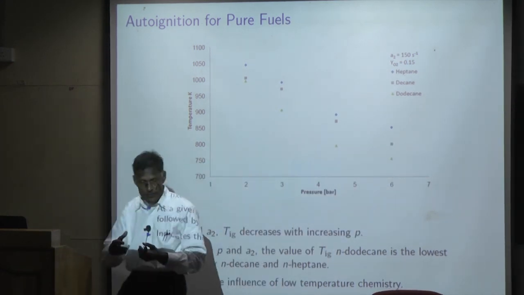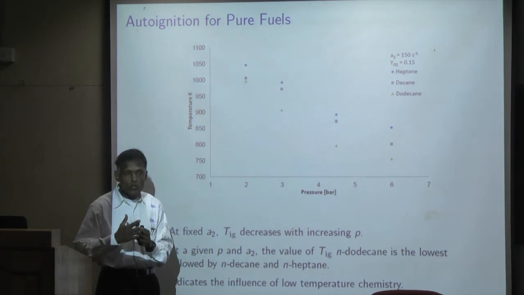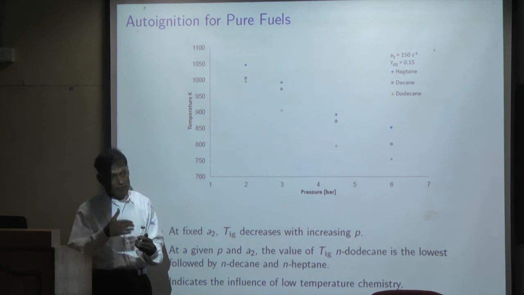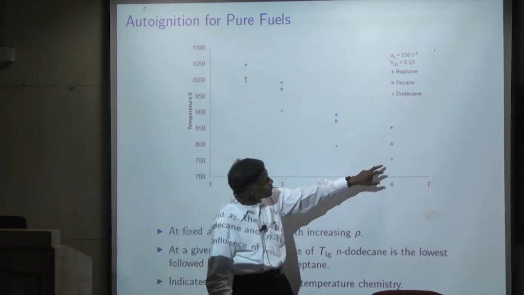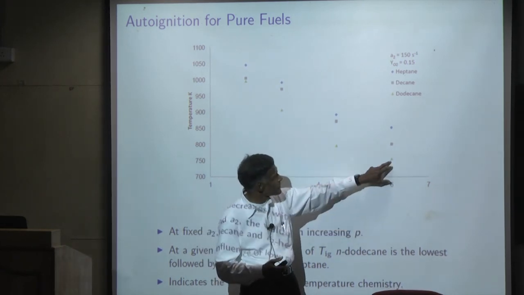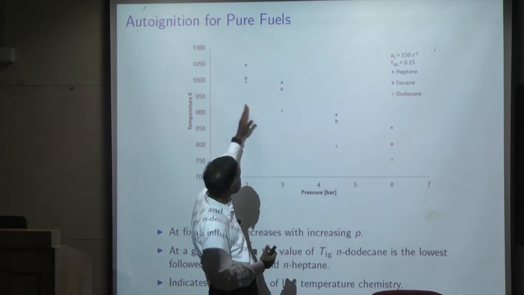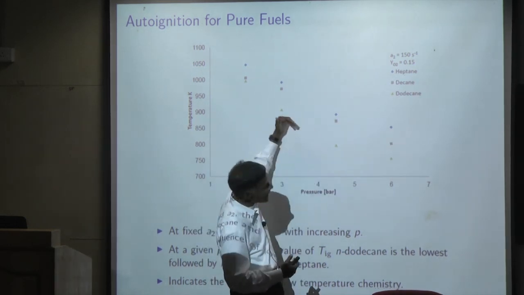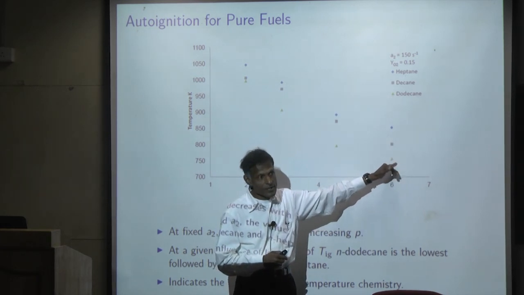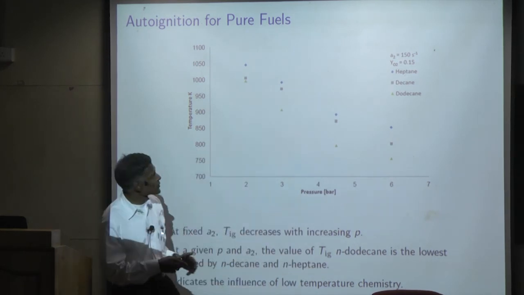This is very interesting because it means the autoignition is taking place because of low temperature chemistry. If you have low temperature chemistry, the longer the chain, the more quickly it ignites. So all these autoignition events are influenced by low temperature chemistry, and this is a very new finding. This is something we just submitted to the International Symposium. This is not known.